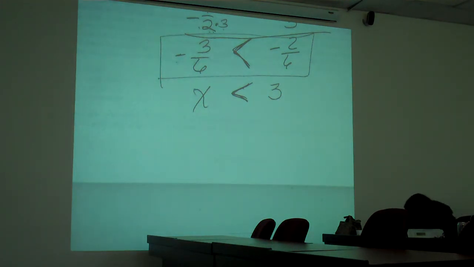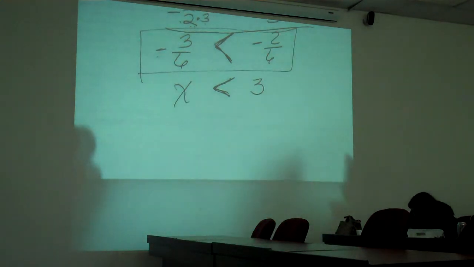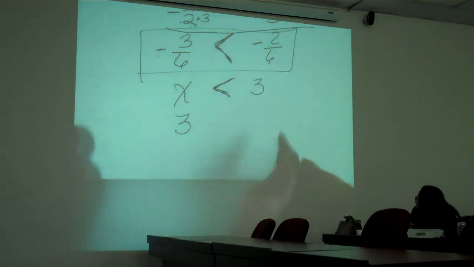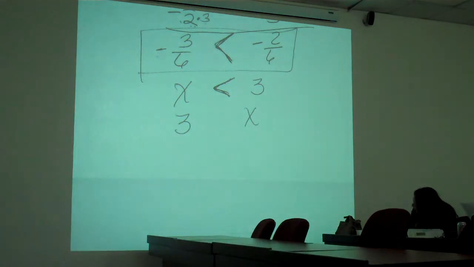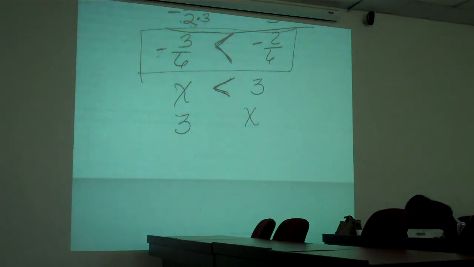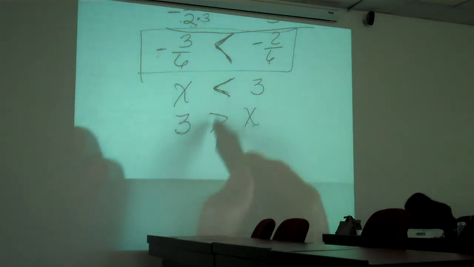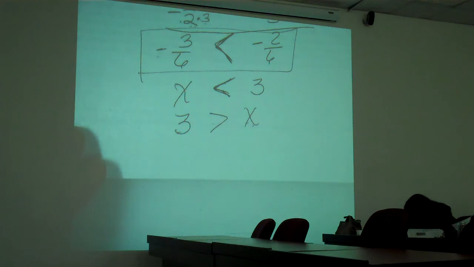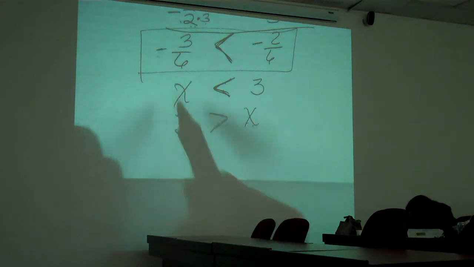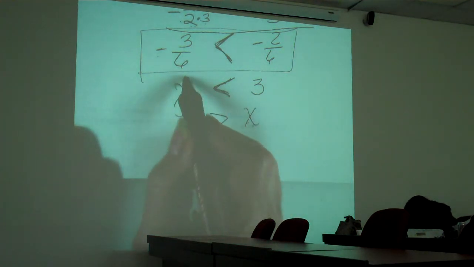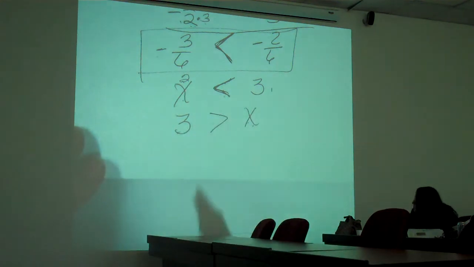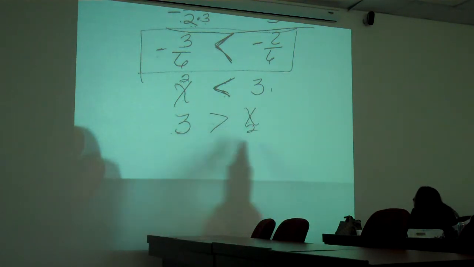If you want to write it with the 3 in the front, would 3 be less than X or greater than X? When you switch sides here, you have to switch the direction the sign's going. If you replace X with a number like 2, 2 is less than 3, you know that 3 is greater than 2, right? That makes sense how you have to switch the sign.